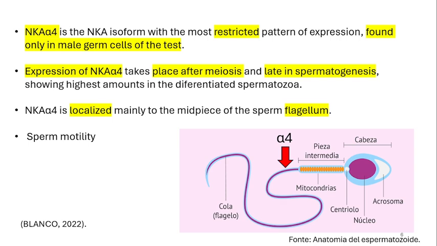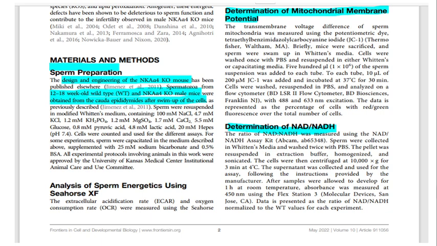It is located basically in the flagellum of the sperm, and if it is inhibited, it can cause a lot of damage to the cell and cause infertility. So basically, this work is going to show the importance of the alpha 4 subunit for the spermatozoa.